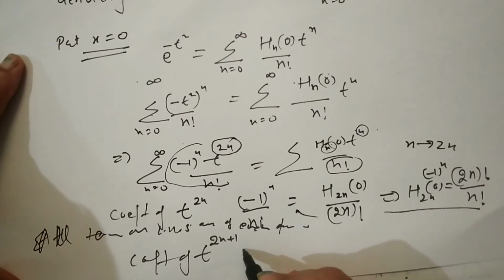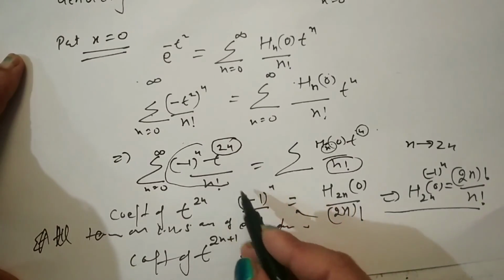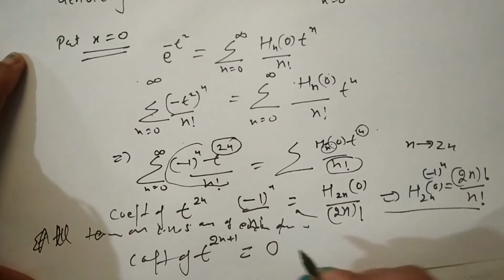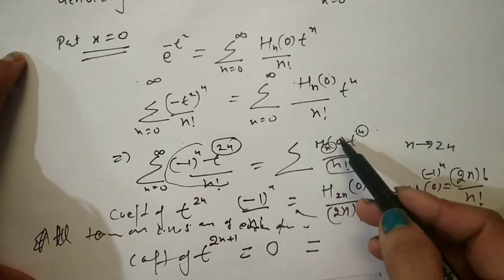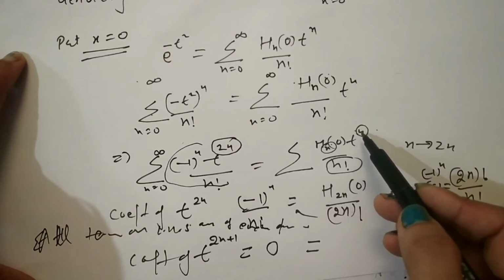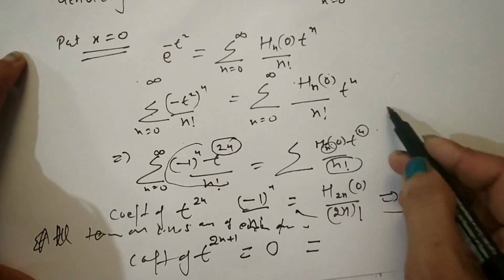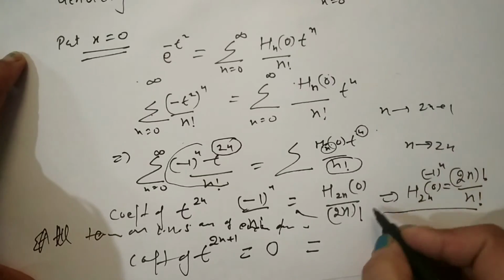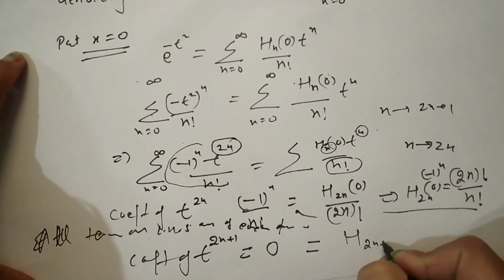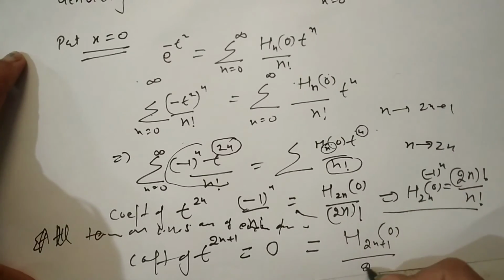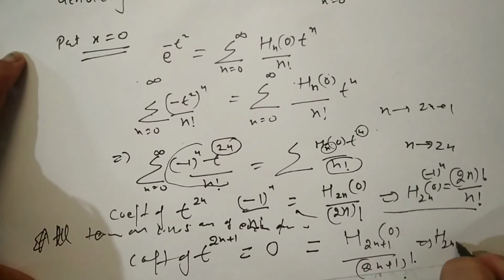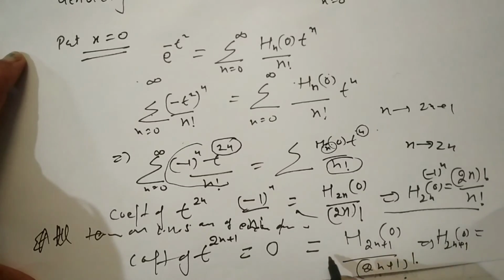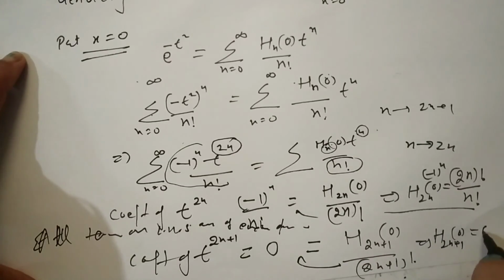So therefore the coefficient here will be 0. On the other side, if we write the coefficient of t raised to power 2n plus 1, so if we replace n with 2n plus 1, it will be H_2n+1(0) upon 2n plus 1 factorial. So what will be the value of H_2n+1(0)? Because the other side is 0, it will be 0.